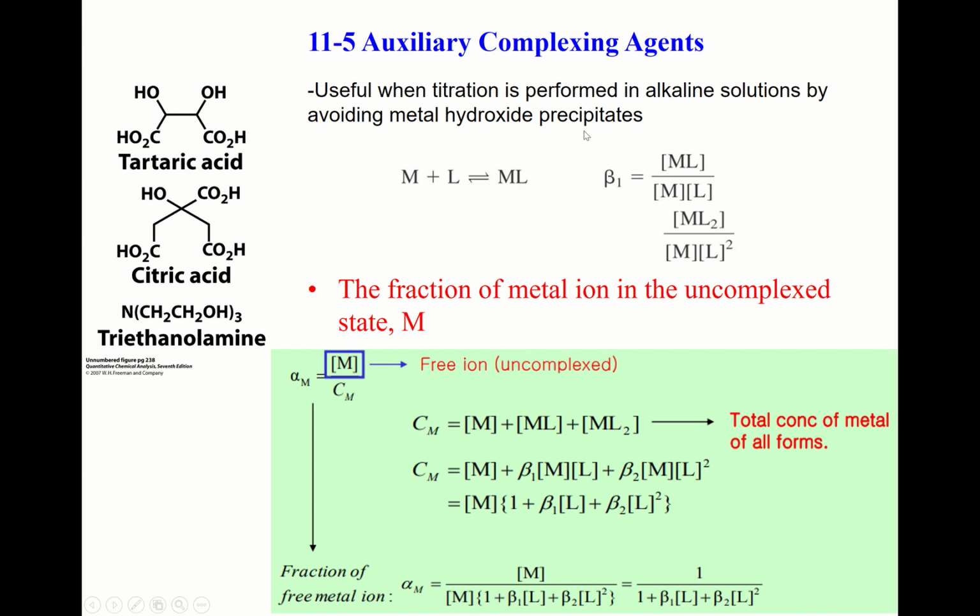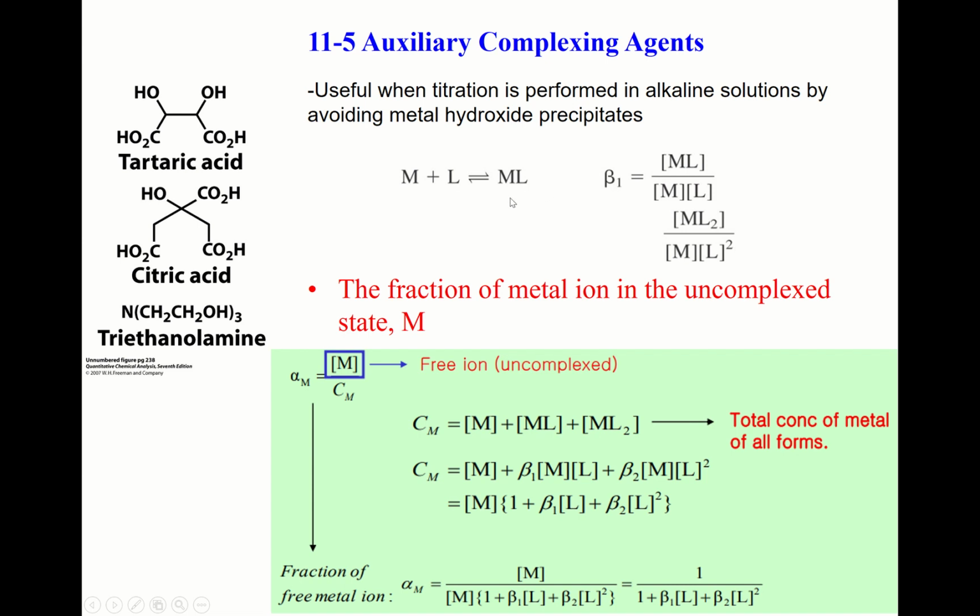Then we add standard EDTA solution, and since the formation constant of EDTA is much higher than that of the auxiliary ligand, EDTA takes the metal ion from the metal-auxiliary complexing agent complex.